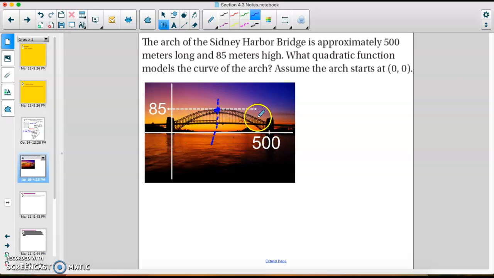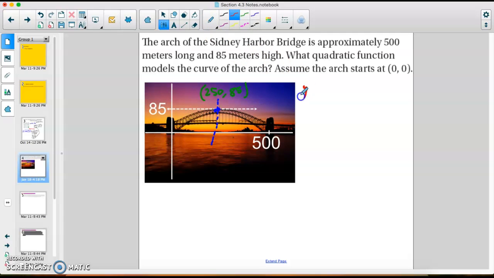So if the whole length is 500, the vertex is going to occur halfway between it. And so it's going to occur at 250. And then how high is it when it hits that top point? It's 85. So we have our vertex point is (250, 85). It's halfway between, and then it's 85 up. All right, so same thing we did before.